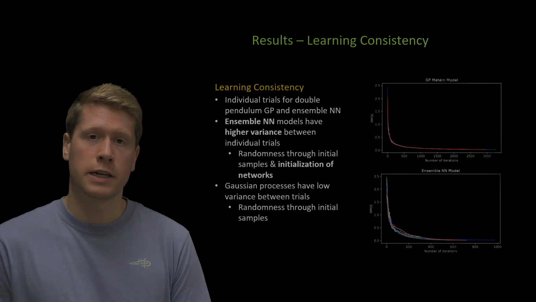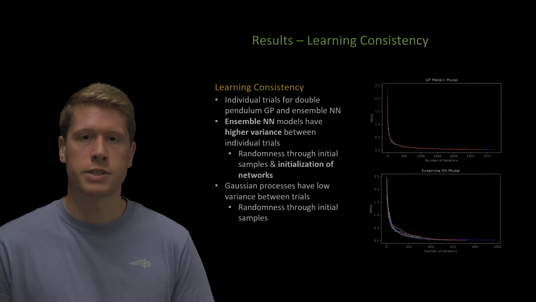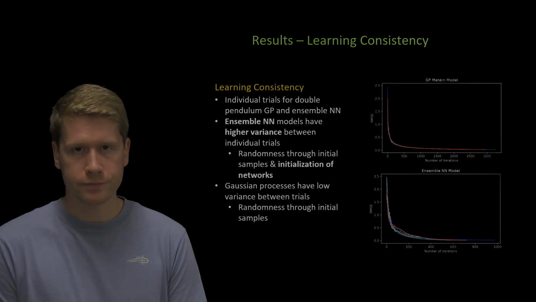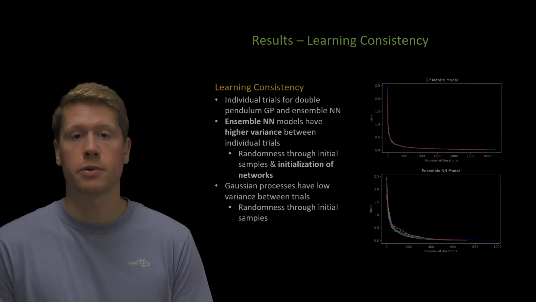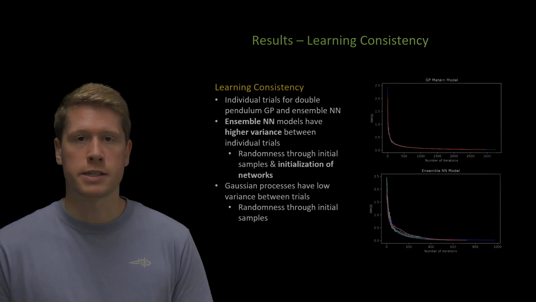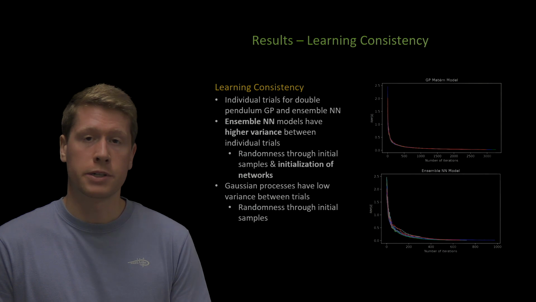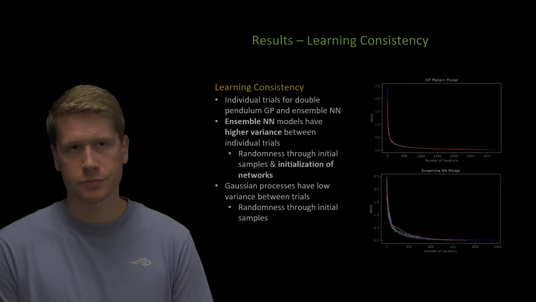One thing we've also looked at is learning consistency, so how consistent were the 10 individual trials of our experiment. What we've seen is that Gaussian processes were really consistent within our experiments, and for example the ensemble neural networks had a much larger spread.